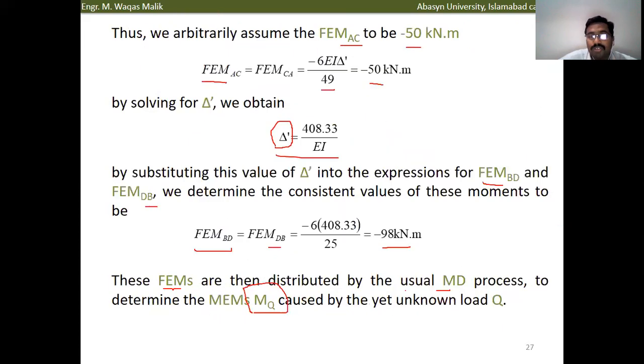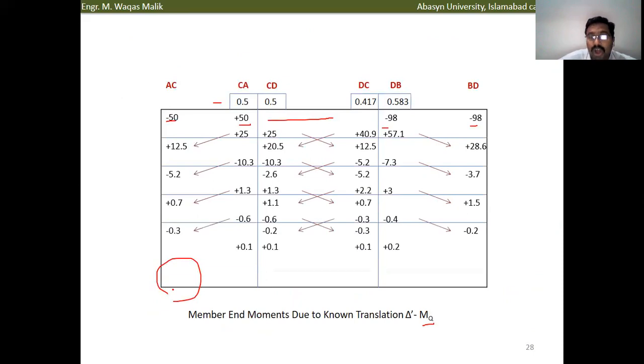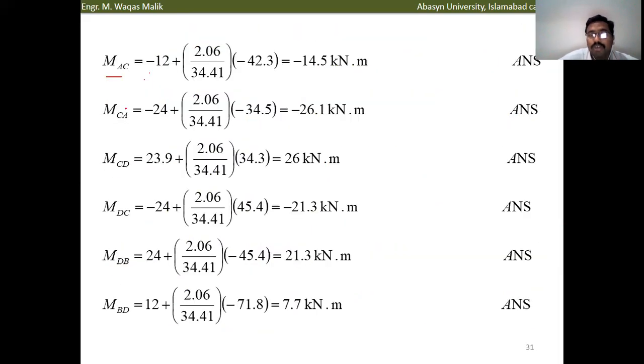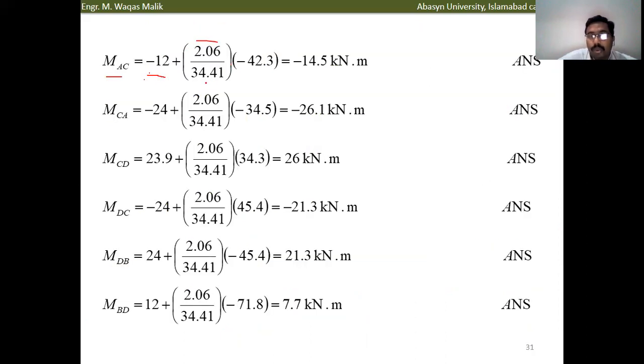So we are going to use this value of the moment M naught of each part and this value of the MQ for each part, and multiply that with the ratio of R by Q. So it will become minus 12, plus R by Q, the value of R that we found out is 2.06, divided by the value of Q, which is 34.41 kilonewtons.